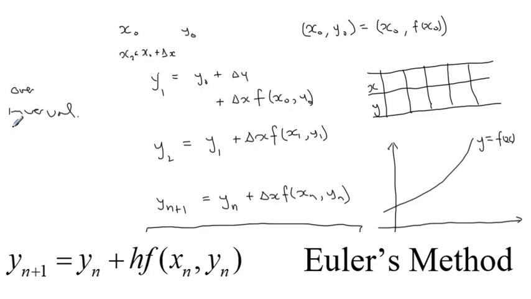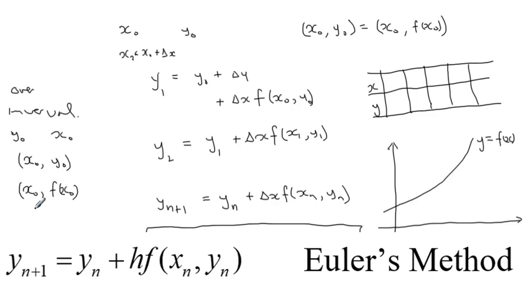Two, you must be given initial conditions, for example y0 and x0. This simply means that the graph you're looking for passes through x0 comma y0, which is the same thing as saying x0 comma f at x0.